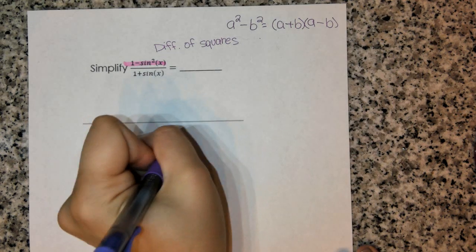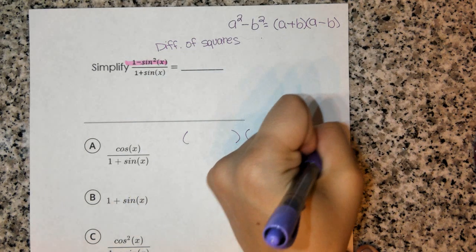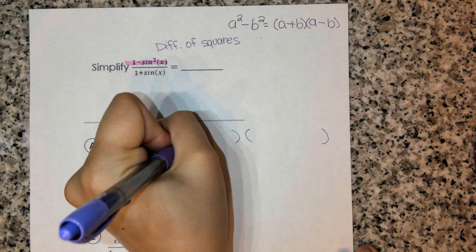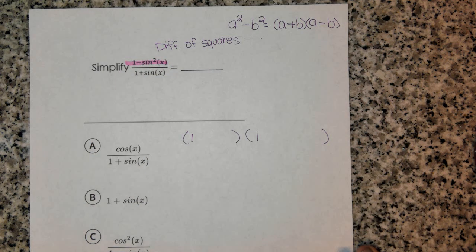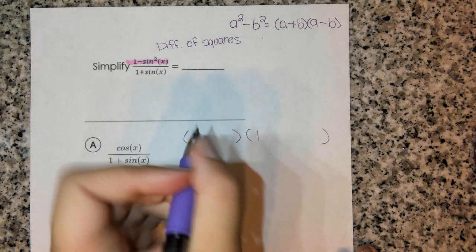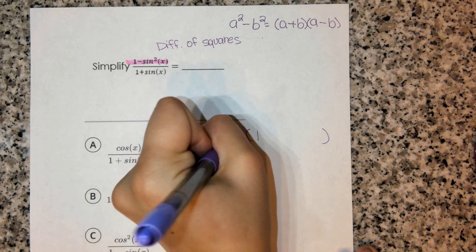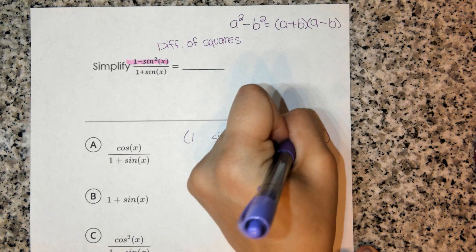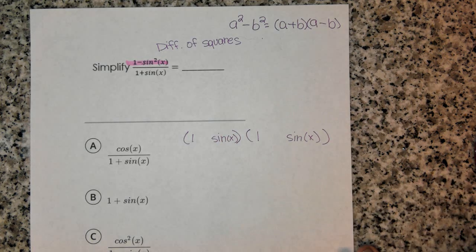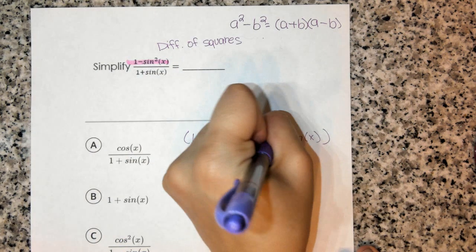I have the square root of 1, which is 1, so 1 goes in both spots here. The square root of sine squared is sine of x, sine of x, 1 plus, 1 minus.